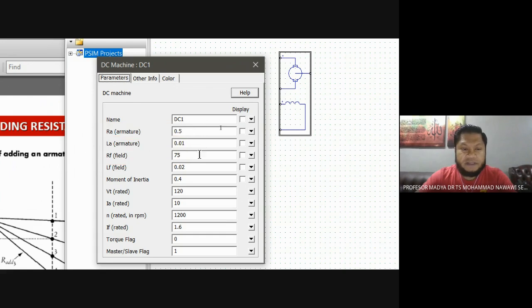Okay, then we have this LF 0.02, moment of inertia J, and the rating of this DC machine is 120 volt DC, and the rated current is only 10 amps, when it operates with 10 and 130 ohms.